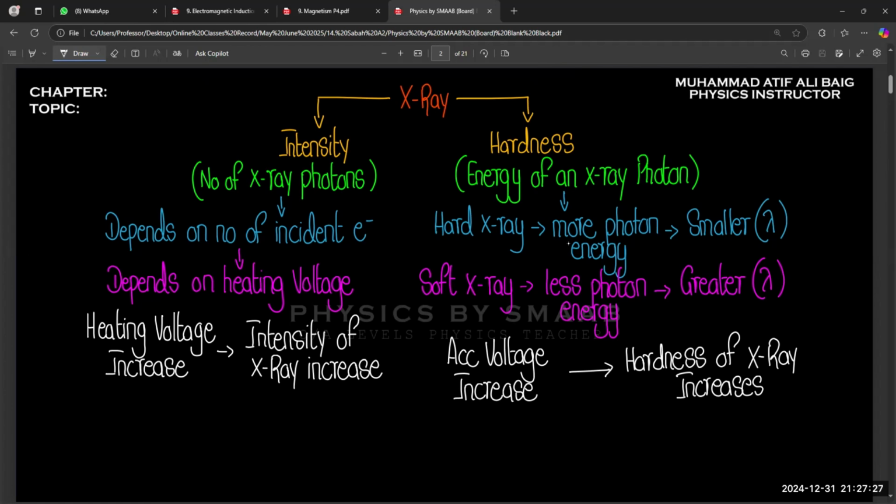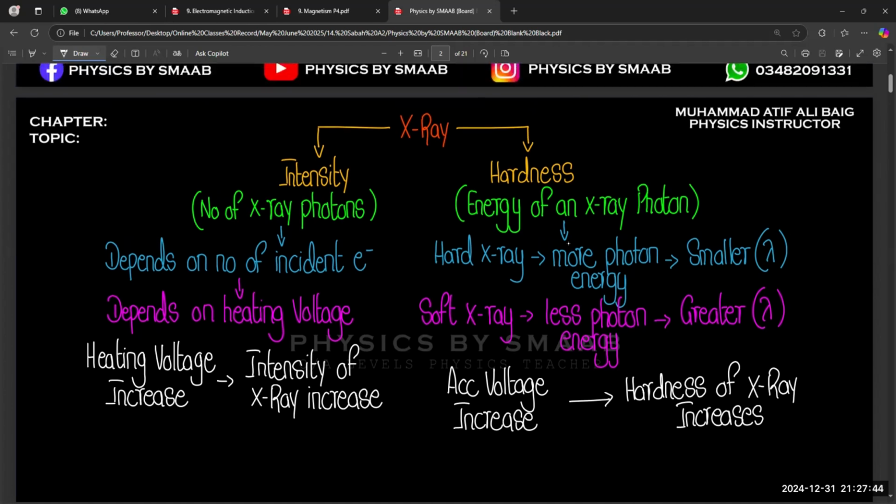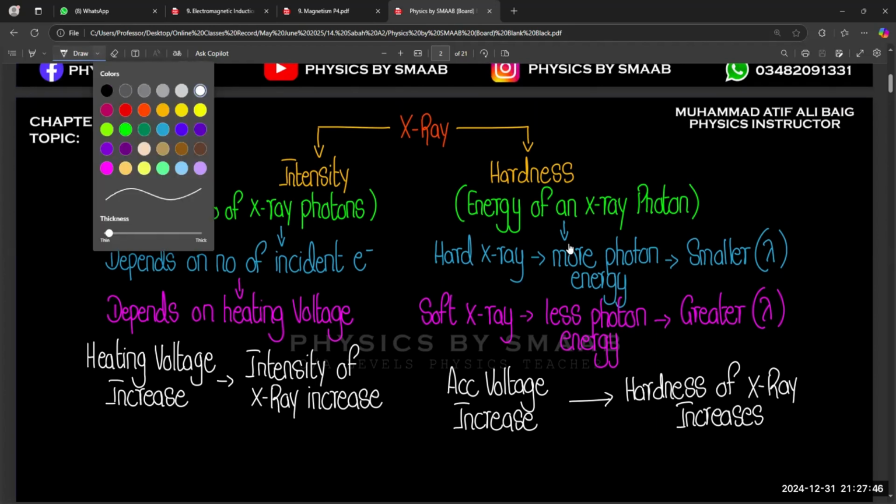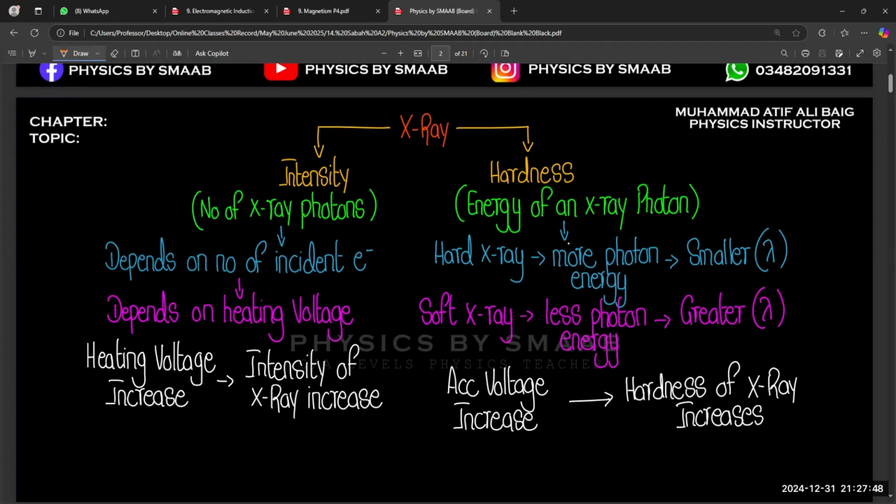Okay. So the more hardened the X-ray is, the more energy the X-ray photon has. And when the energy is more, the wavelength will be less. Yes. So when the voltage increases, the hardness will also increase, and that will make the wavelength smaller. Correct.